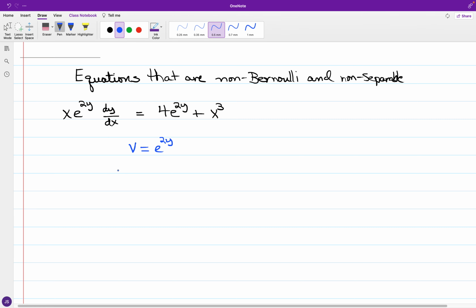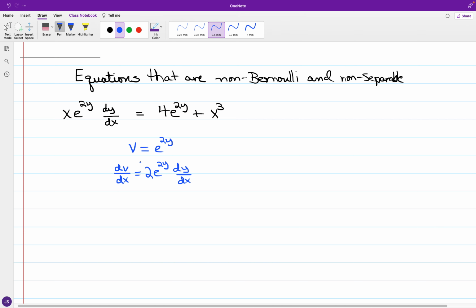And if I take the derivative with respect to x, I'm going to have dv over dx equal to 2 times e to the 2y dy over dx.